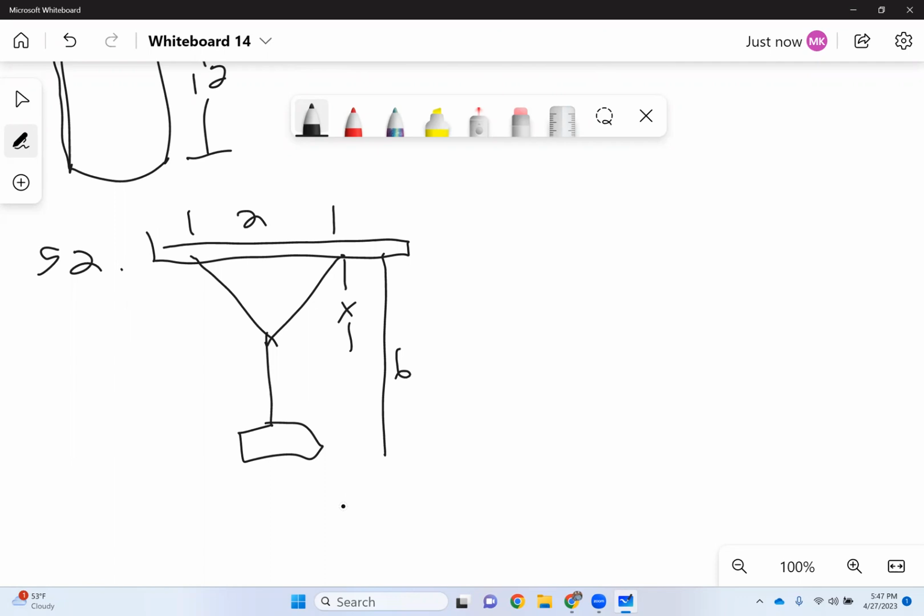Just to the end of the cable is 6. So this value right here is really going to be 6 minus X. And we're probably going to have to do a little Pythagorean theorem here. Because we have X here. We have 1 here. So this would be the square root of X squared plus 1.